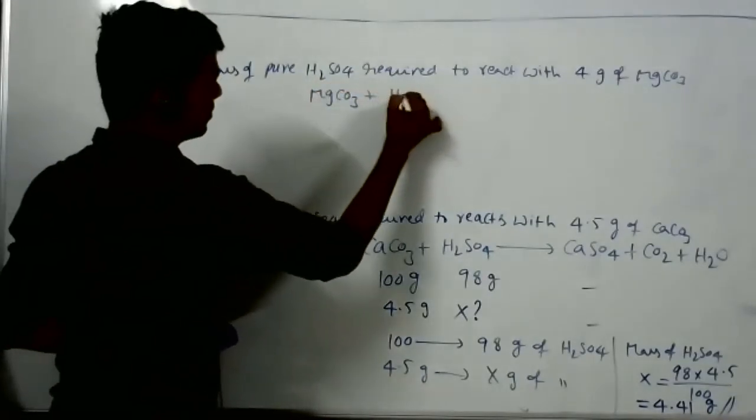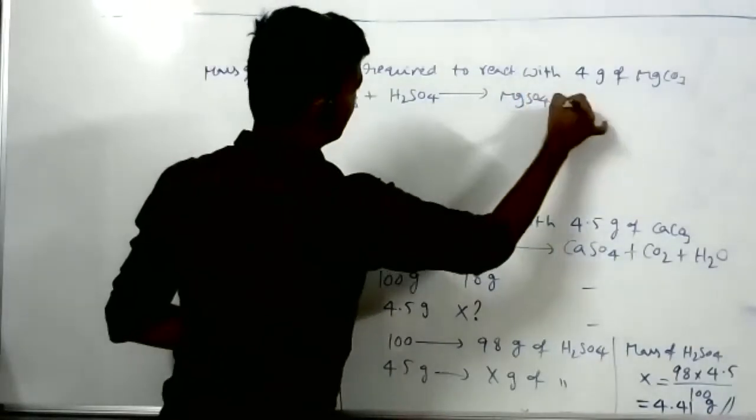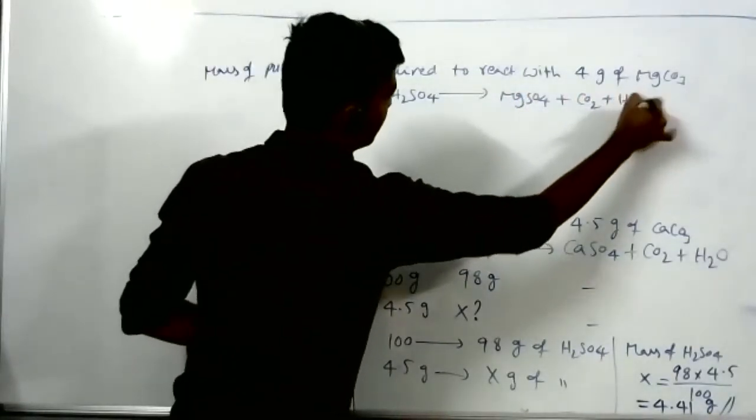MgCO3 plus H2SO4 gives magnesium sulfate, carbon dioxide and water.